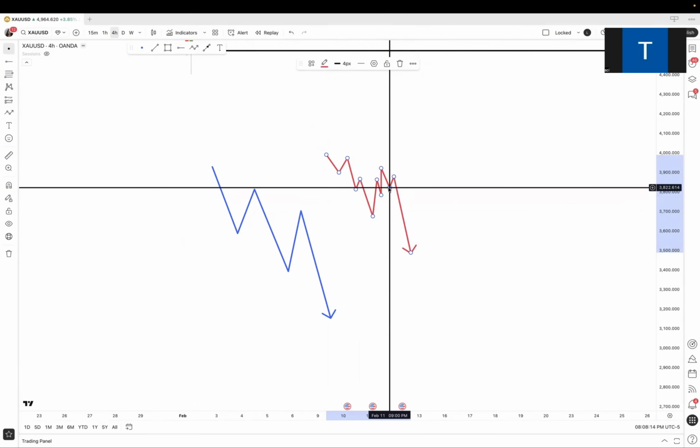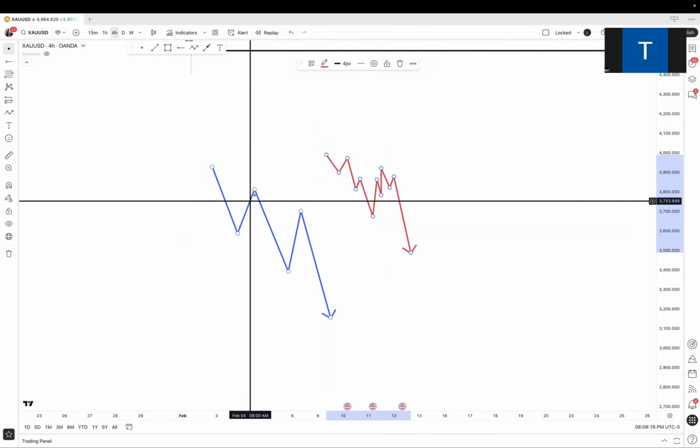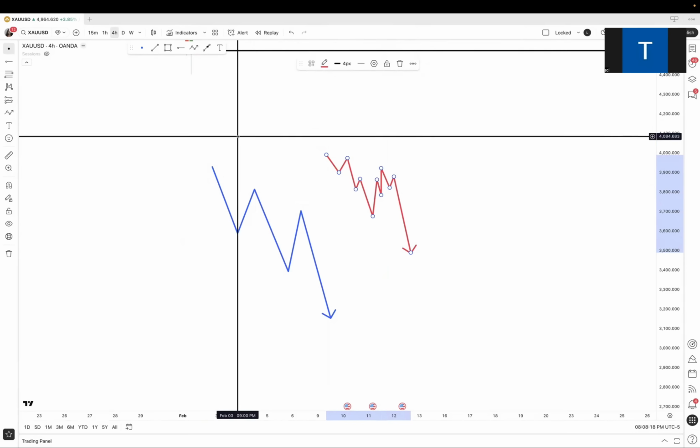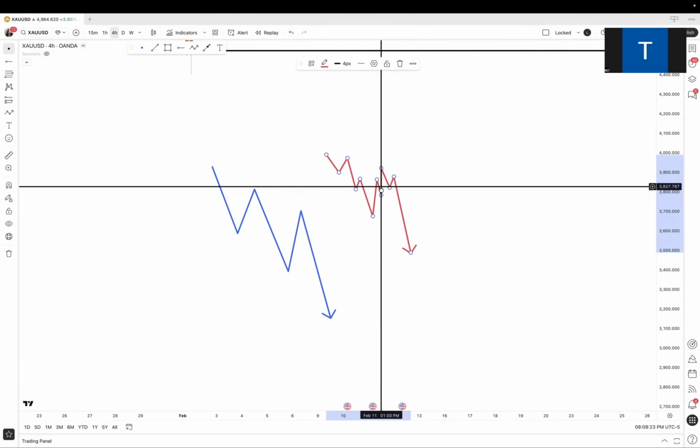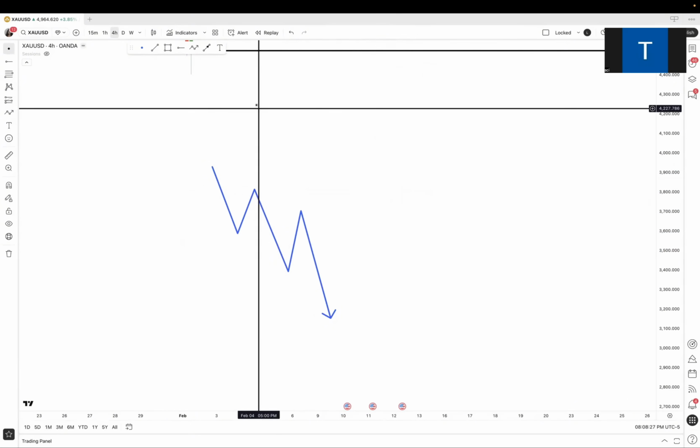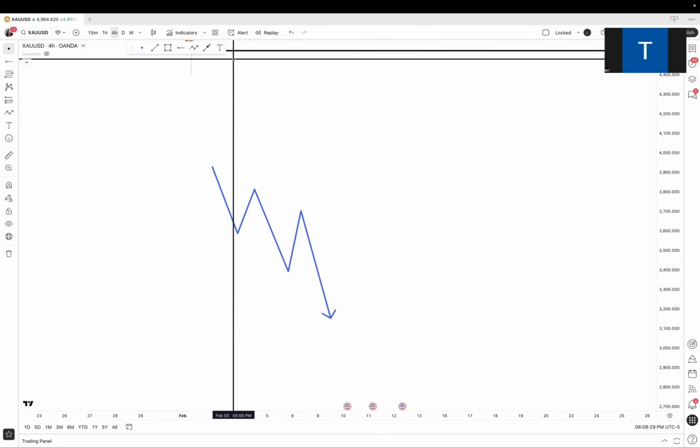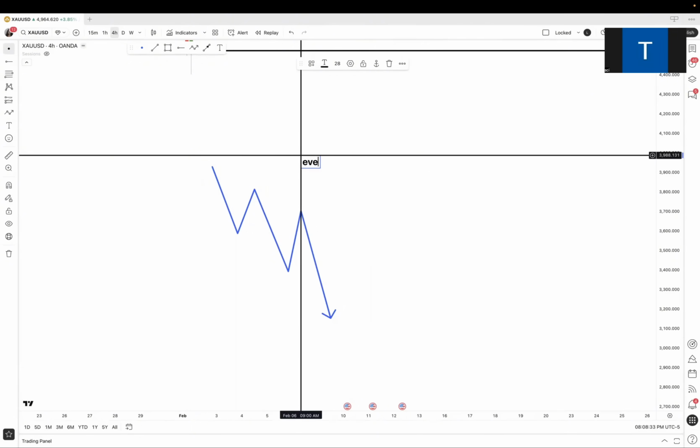But in order to see the continuation, we first have to find what we see on the higher time frame. So let's say this is the 4 hour, and then we have to scale down to the 1 hour. The 1 hour is going to give us the details we need to know when it is the right time. Because once again, if you're trading price, everything has to align. Remember that. Everything has to align.